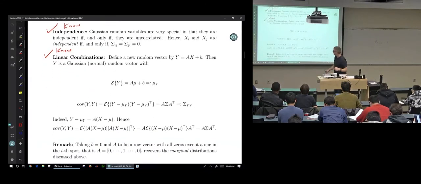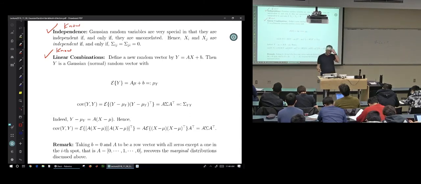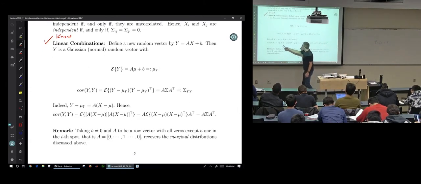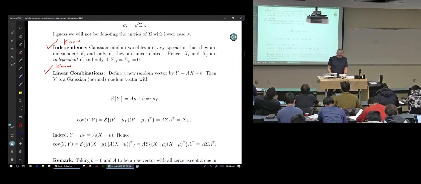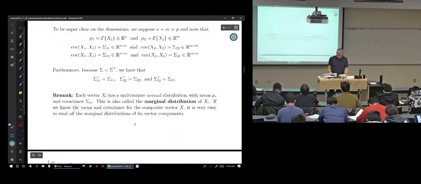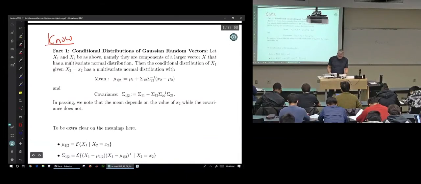The linear combination, we did this calculation today. This was C times X plus the noise term. We did this exact calculation, we did all of the covariances, et cetera. So it doesn't require it to be Gaussian for those two things. So that's it. So know the conditional distribution, you'll need that.